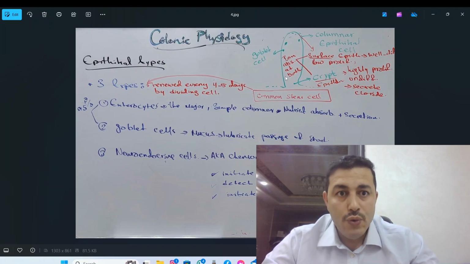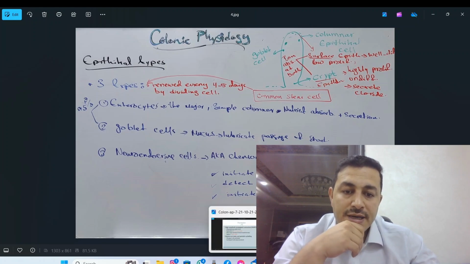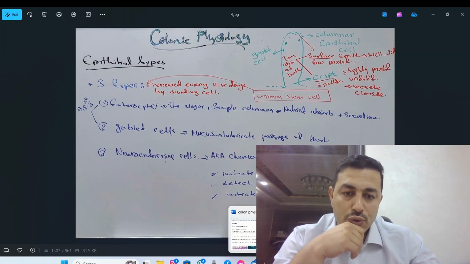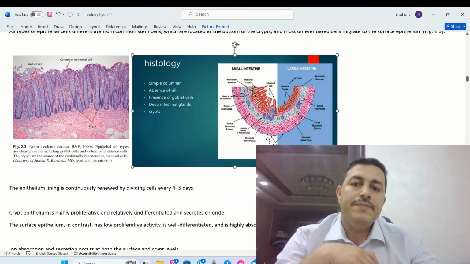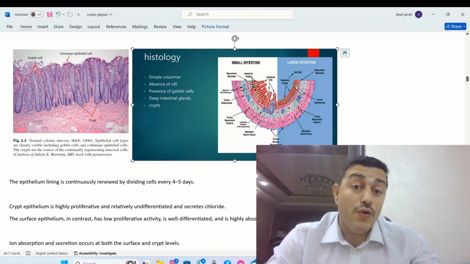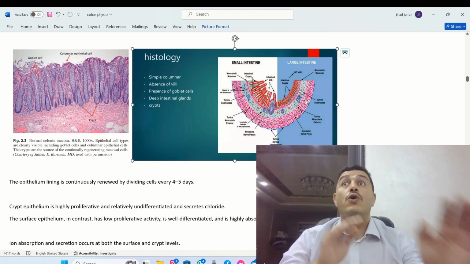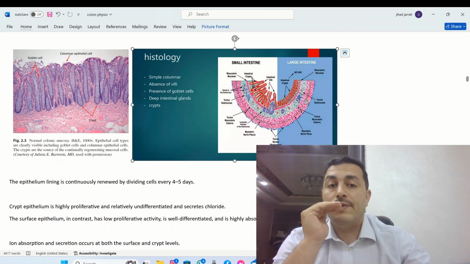As you see here, this is the epithelium and the crypt. I have a picture I want to show you. Here they compare the small intestine and the large intestine, and one of the main differences is that we have no villi in the epithelium of the colon.